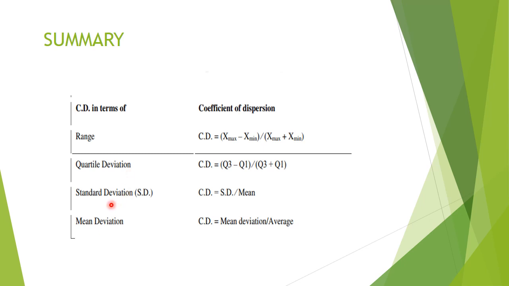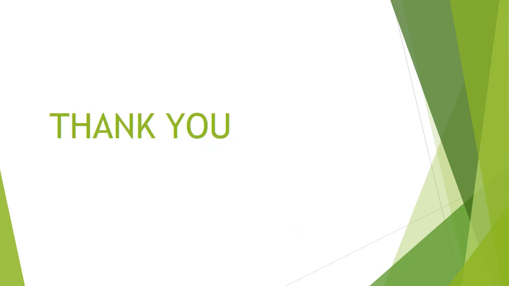Coefficient of quartile deviation is q3 minus q1 upon q3 plus q1, coefficient of standard deviation is standard deviation upon mean, and coefficient of mean deviation is mean deviation upon average. Thank you.